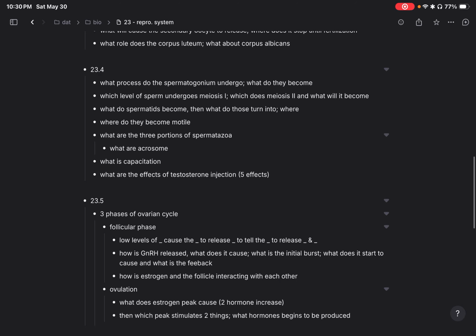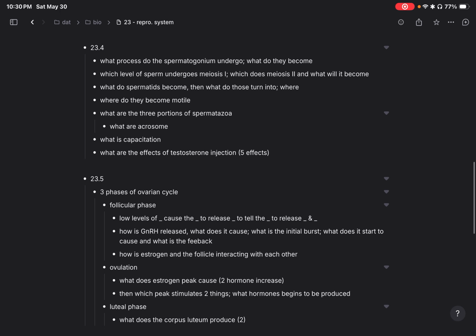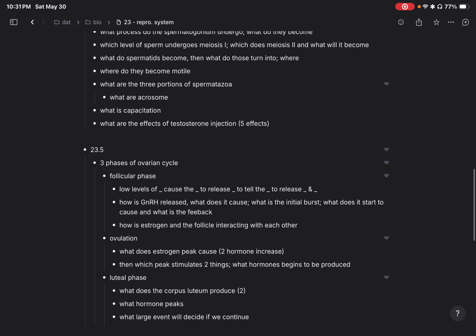So spermatogonium is where you start. Then you're going to do mitosis, get primary spermatocyte. Then you're going to undergo meiosis 1, you're going to get secondary spermatocytes, which is 2. Why does it look haploid? 2 diploid cells. Okay, then you're going to undergo meiosis 2, and you're going to get spermatids. And those are what you need.